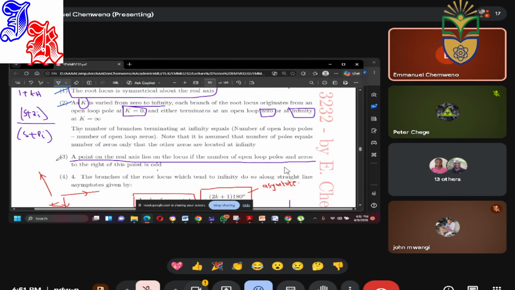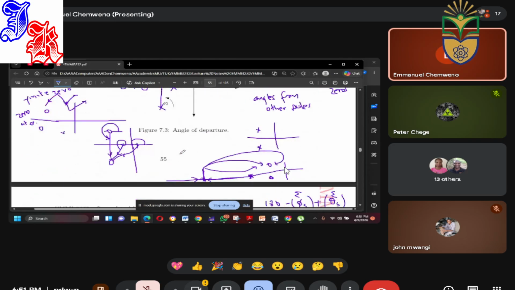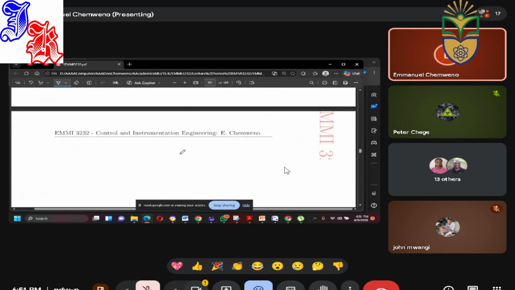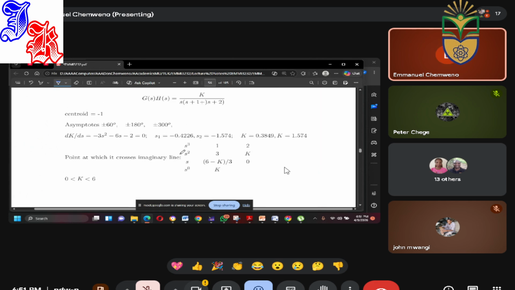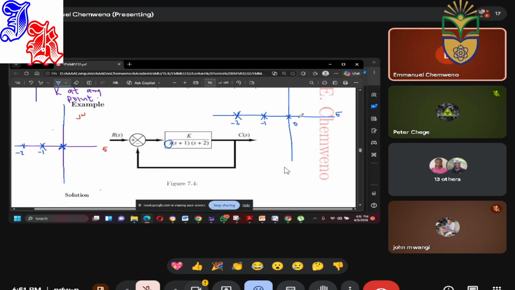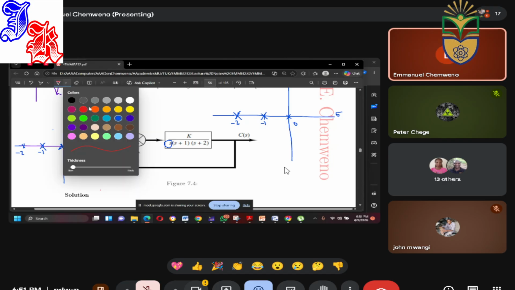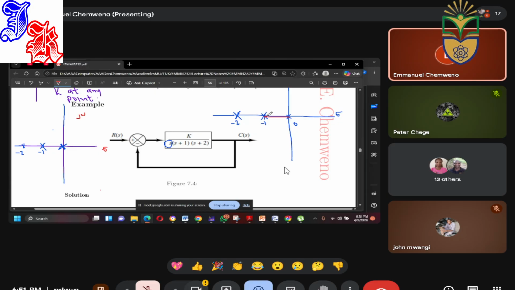Number 3, a point on the real axis is part of the locus if the number of the open loop poles and zeros to the right is odd. So we implement number 3. I come to this point. Is it odd? Yes, it is odd. And the number is odd all the way to infinity.